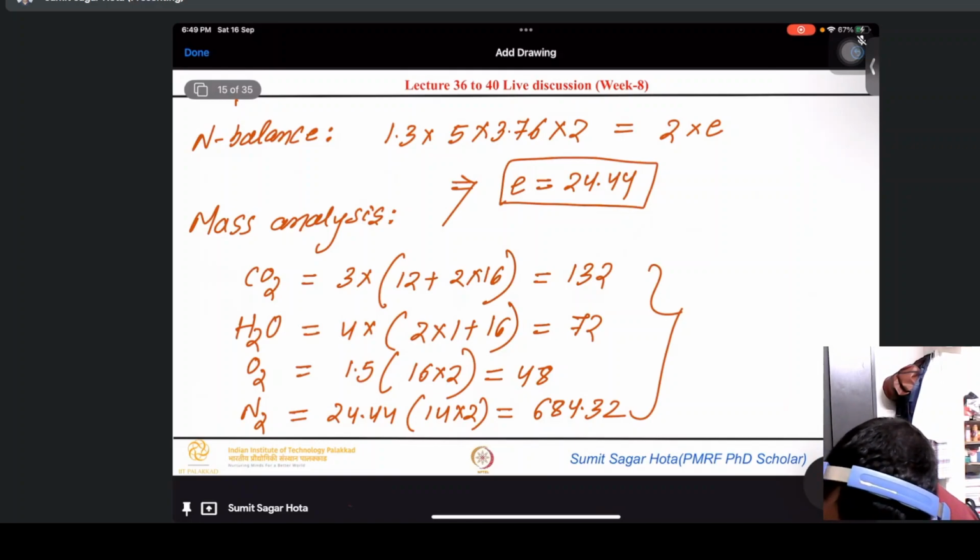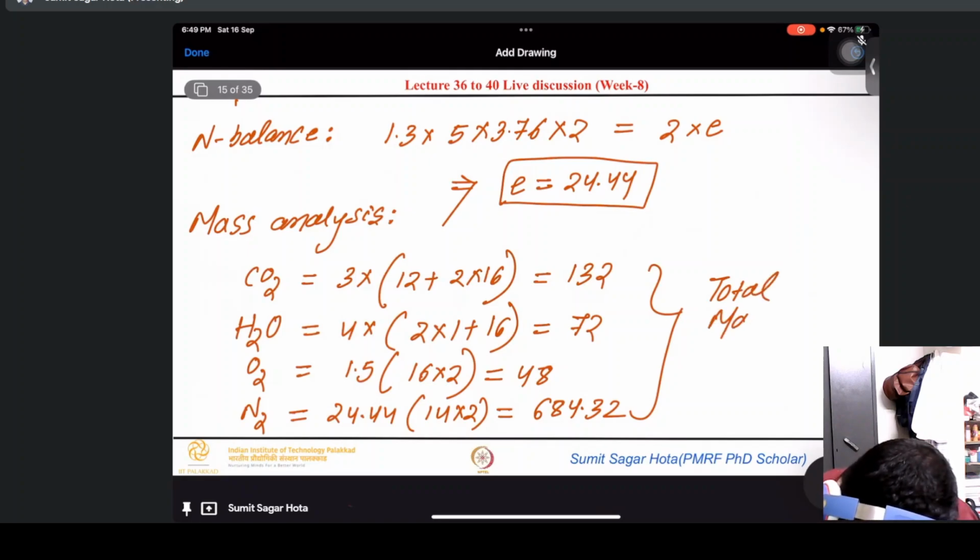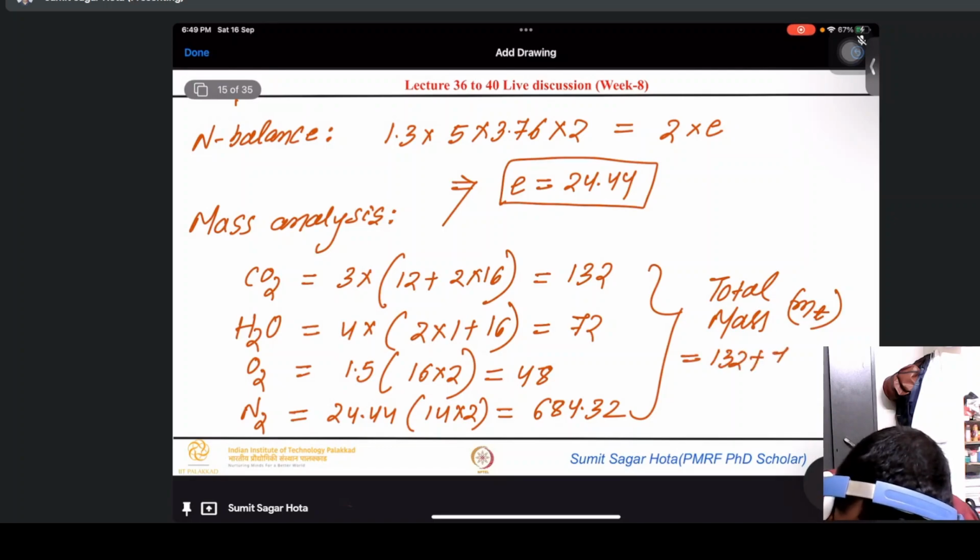Write down the total mass: 132 plus 72 plus 48 plus 684.32.